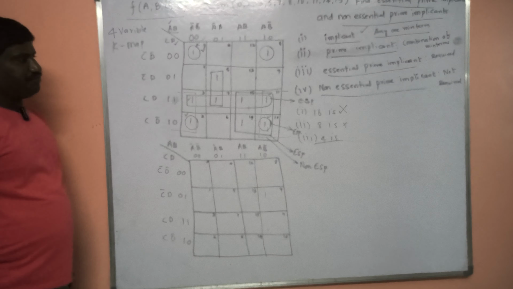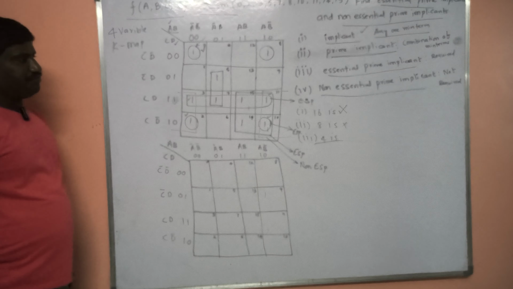Now you got what is essential and what is non-essential. What is a prime implicant? Any combination of ones grouping. If you find all min terms are involved in some other groups, then it is non-essential.